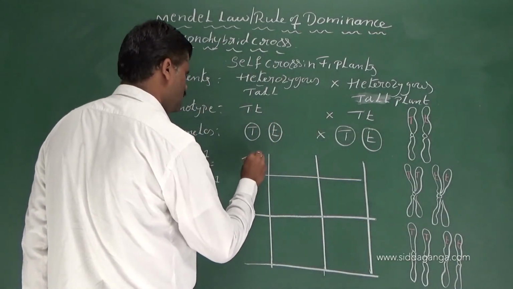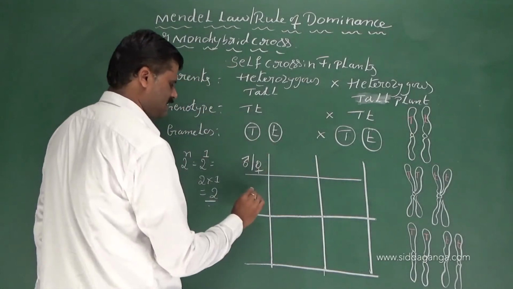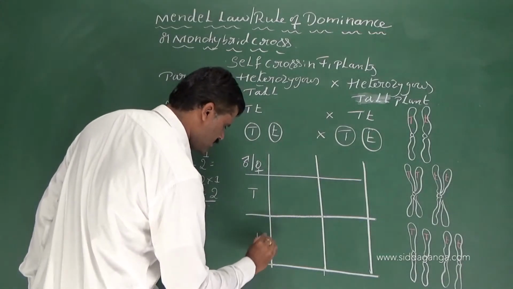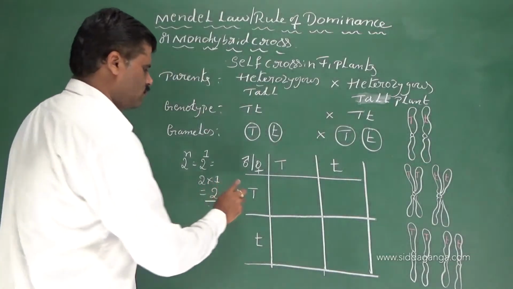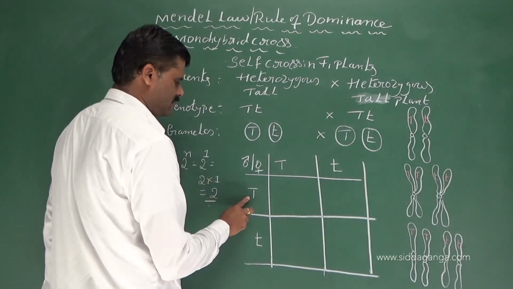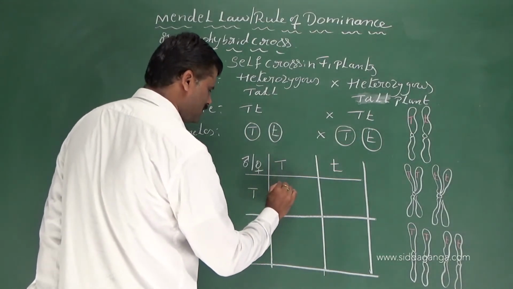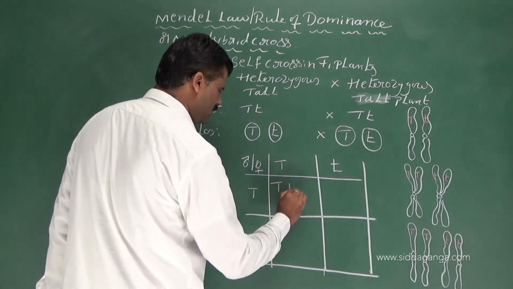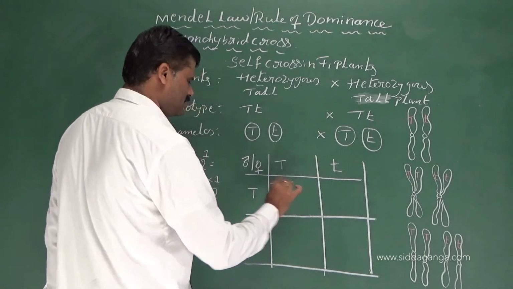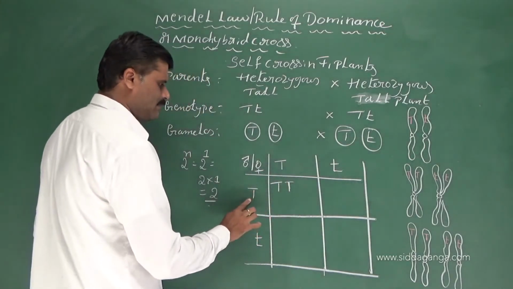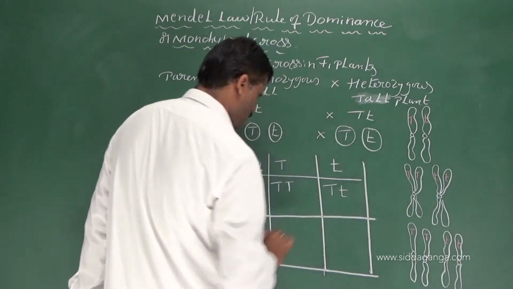One is male, another one is female. One parent's gametes are taken here, another parent's gametes are taken here. Now, if the male gamete meets with the female gamete, this gamete meets with this gamete, then what happens? The zygote is having both the alleles or genes, capital T and capital T. This gamete, if it meets with this gamete, then it contains capital T, small t.